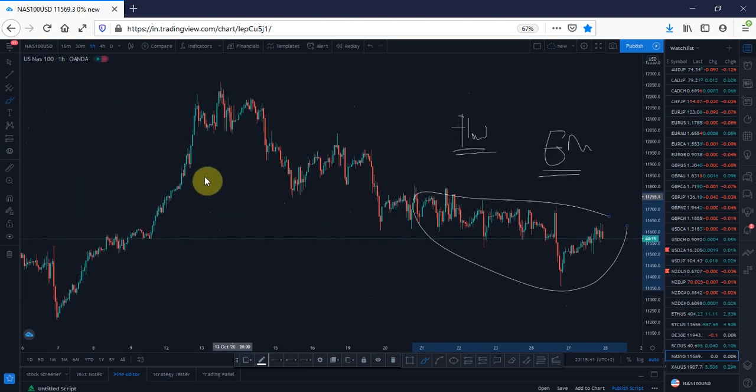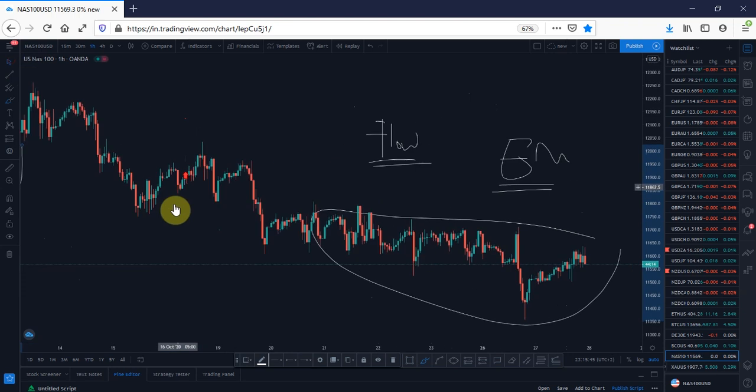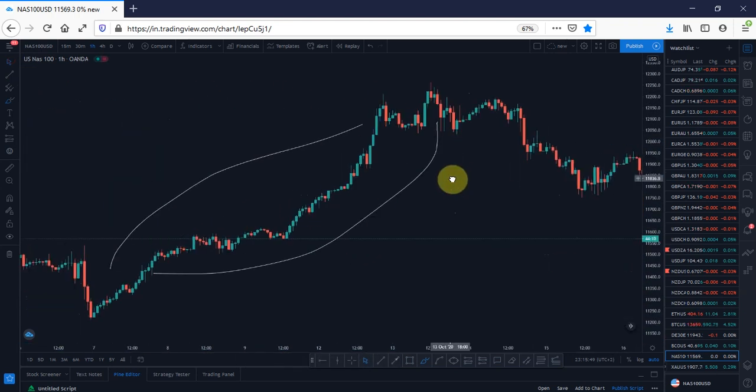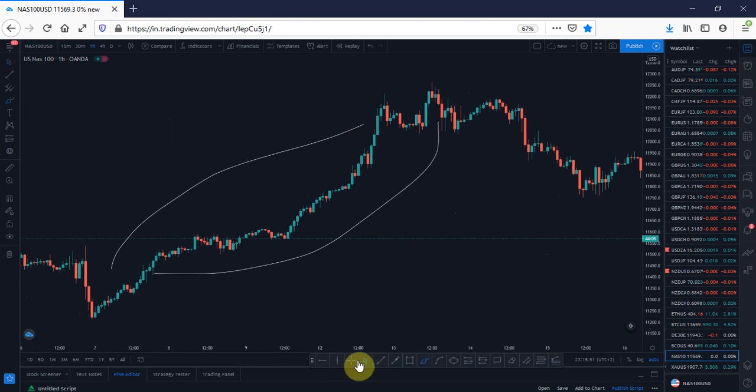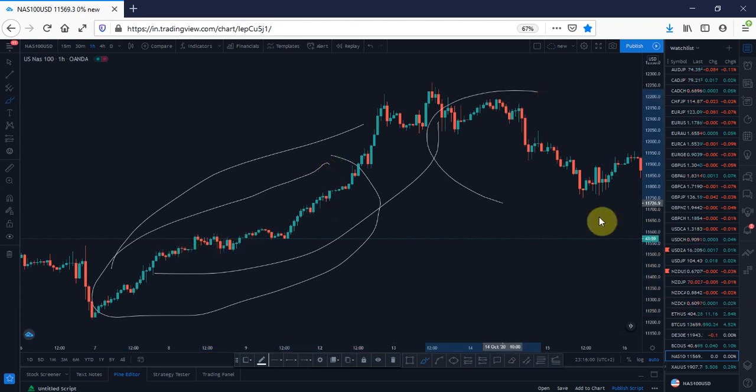Now here you can see the flow is a strong up move, but this strong up move is made of very short candles only, compared to maybe here going all the way to the right.